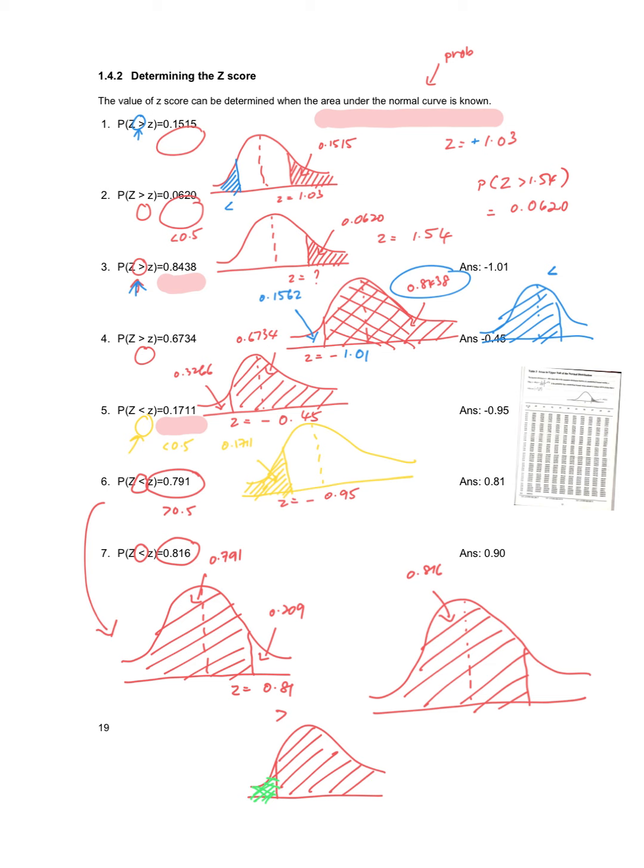That's why kita kena ambil dari sebelah kanan bawa ke kiri. So ini lukisan yang betul, yang ni salah, yang ni yang betul. Maksudnya baki dia, area ni adalah 0.184.